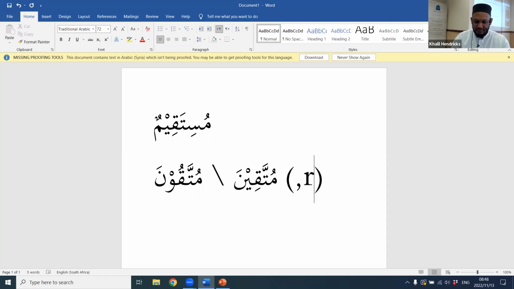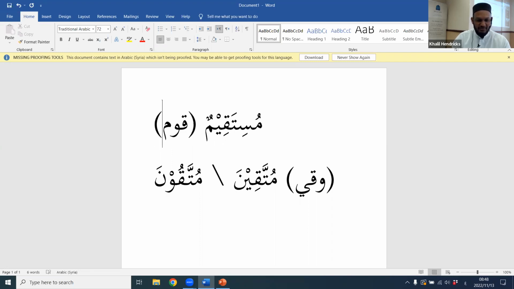MashaAllah. So the root is qaf, waw, mim. Who knows the first one is? Qaf, waw, mim. This is sirat mustaqim.